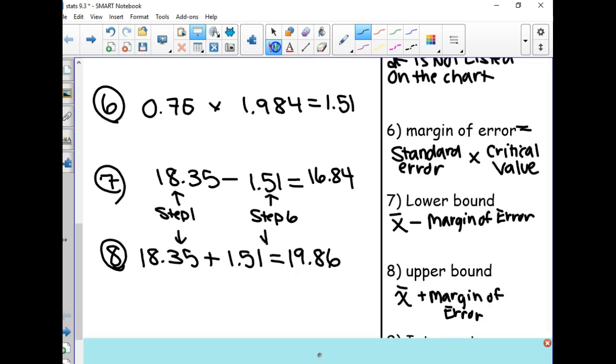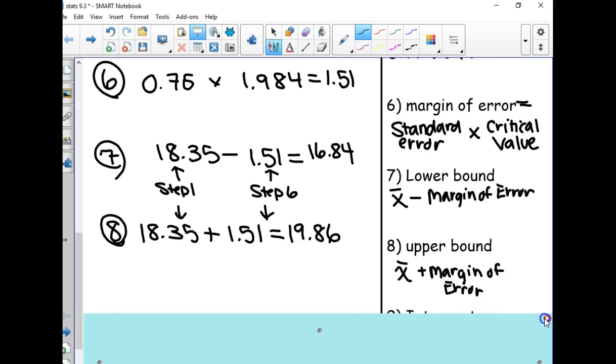Now that we have our interval, we need to interpret it. So I'm going to type it so it looks a little bit nicer. And we've interpreted intervals before, and it's the same way.